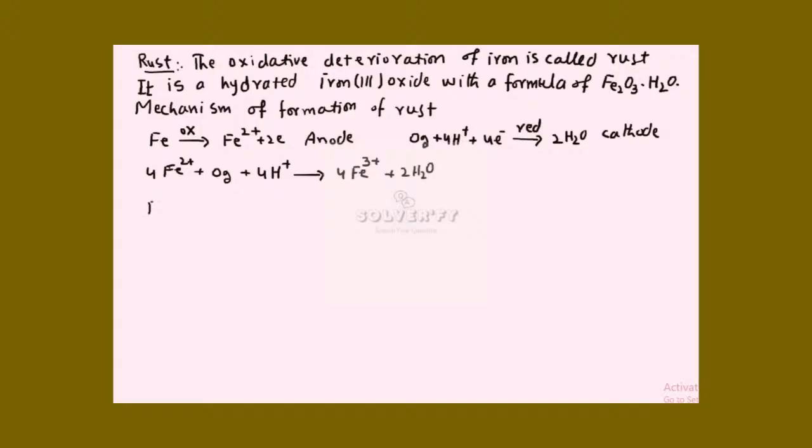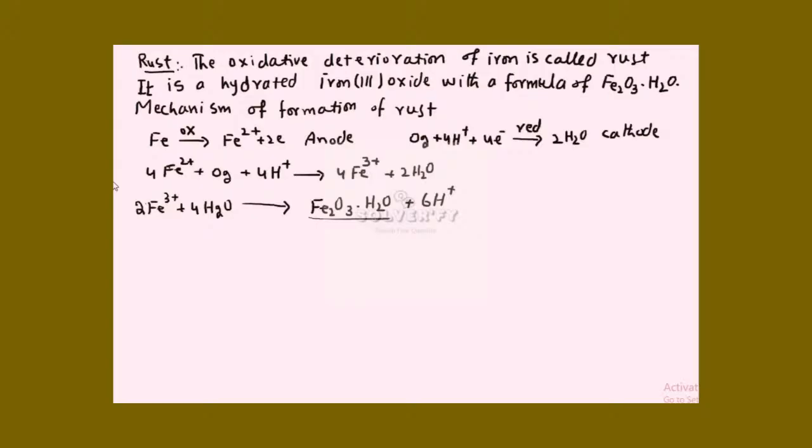Then the ferric ion reacts with the water molecules present at the surface of the iron. It forms rust, Fe2O3 monohydrated, and 6 hydrogen ions are formed in the reaction.